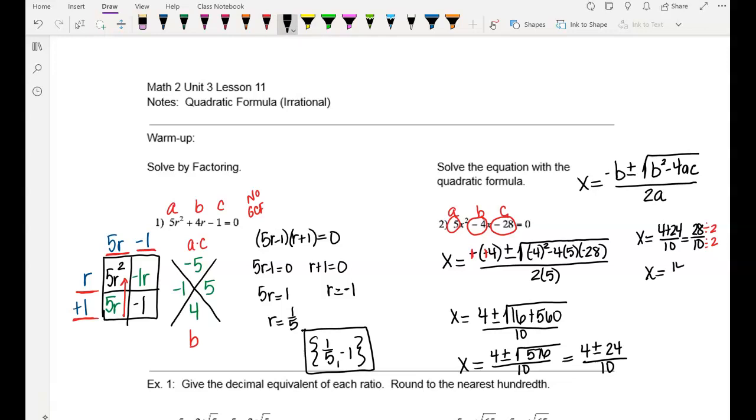X equals 14 fifths. And then you have x equals 4 minus 24 divided by 10. So negative 20 divided by 10. X equals negative 2. So your solution set would be 14 fifths and negative 2.